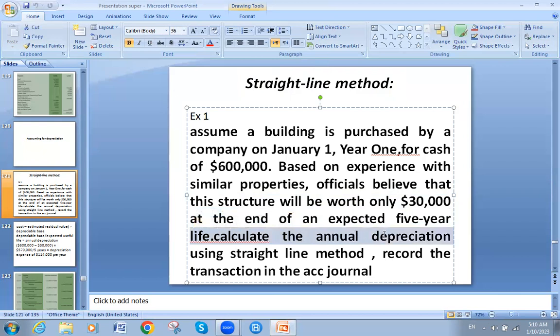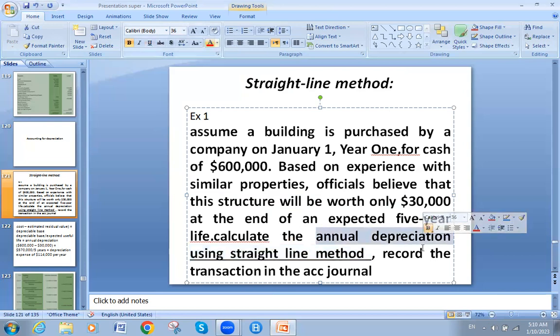Calculate the annual depreciation. This is the point which we want to know. Using the straight line method, the most familiar way to do the annual depreciation.